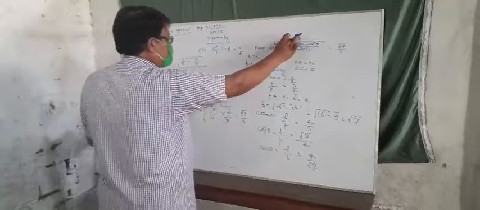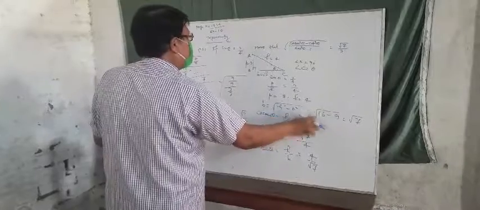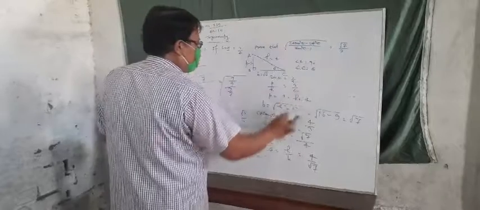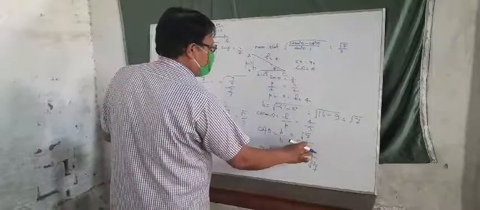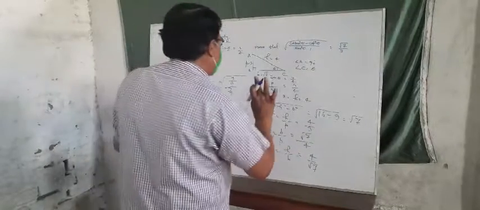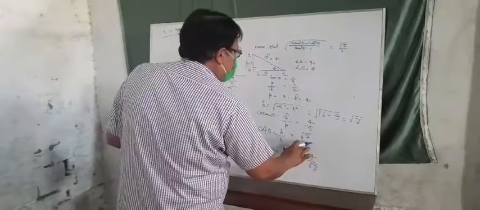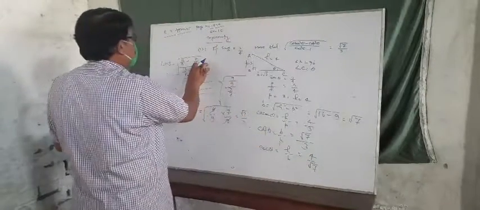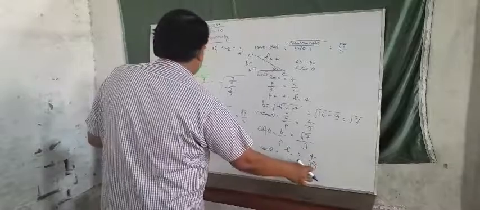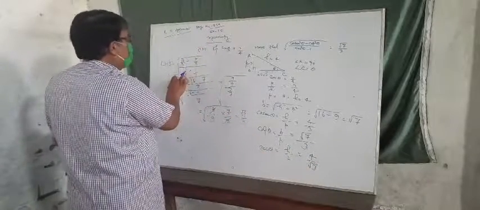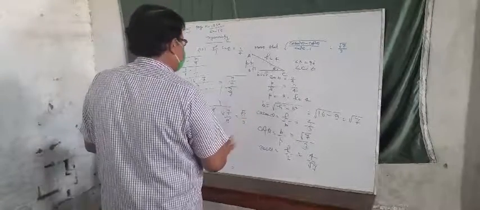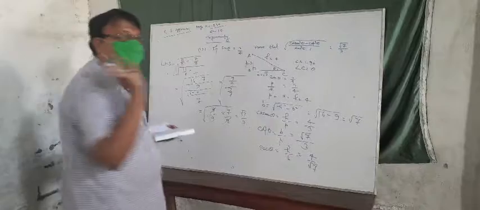In LHS, cosec theta is here 5 by 3, square is 25 by 9, minus cot theta, which is 4 by 3, and sec theta is 5 by 4. We will take LCM and solve, and we will get the result as RHS.